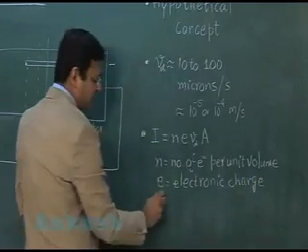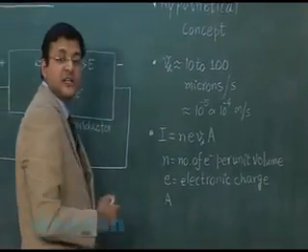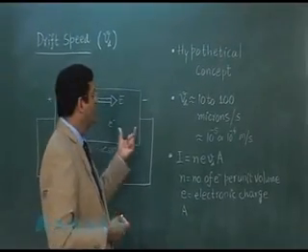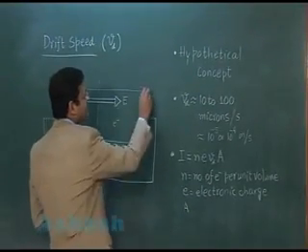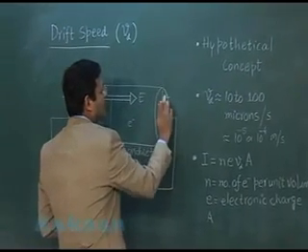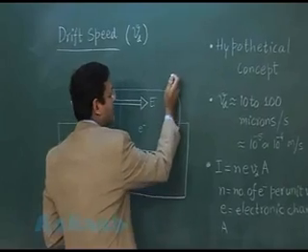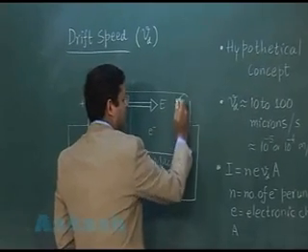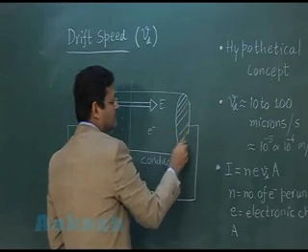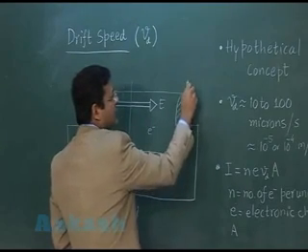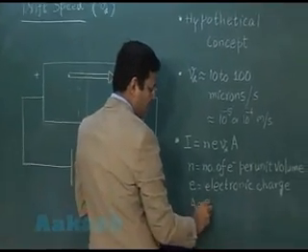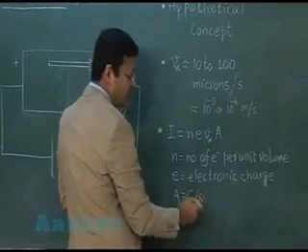And A is basically the cross-sectional area of the conductor. If you think that this conductor here has a cylindrical shape, then you can understand this is the cross-sectional area we are talking about. For cross section I am writing C/S.